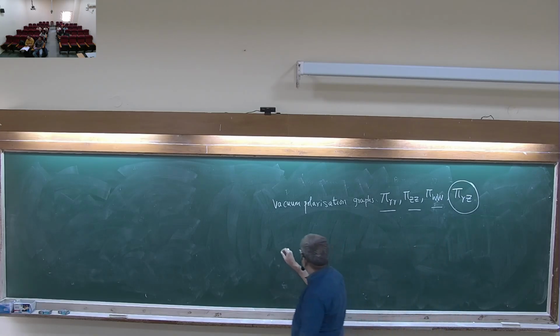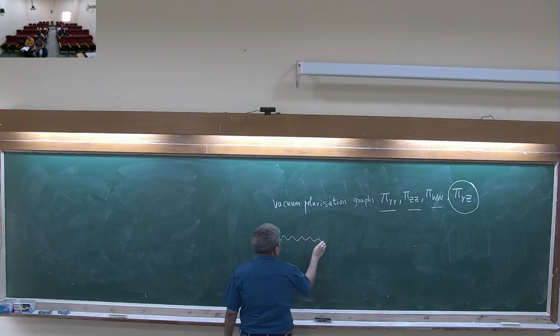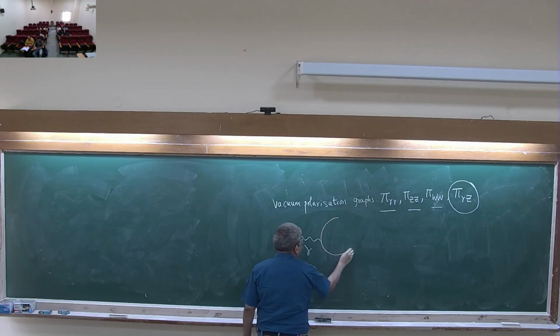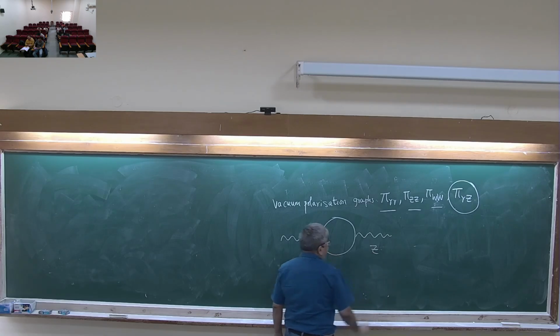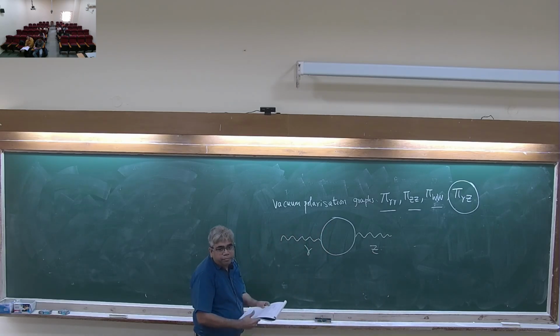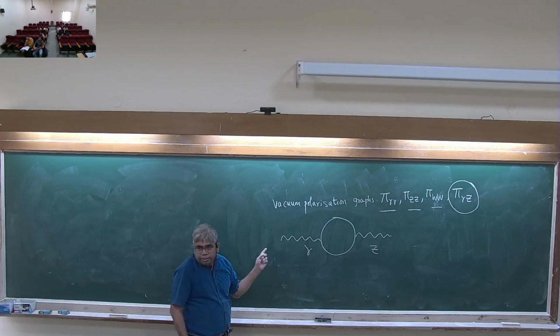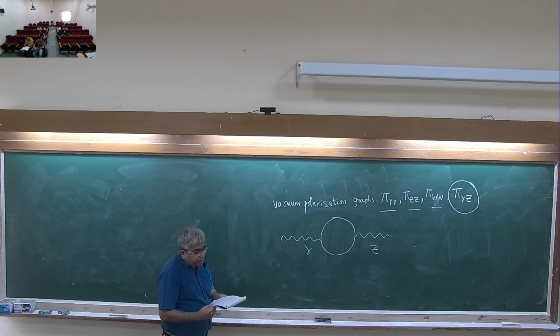So you have a diagram in which you can have a gamma and a Z. Now this will modify various things. This can modify your sin square theta W, it can modify everything. Then you can also have self energy diagrams.